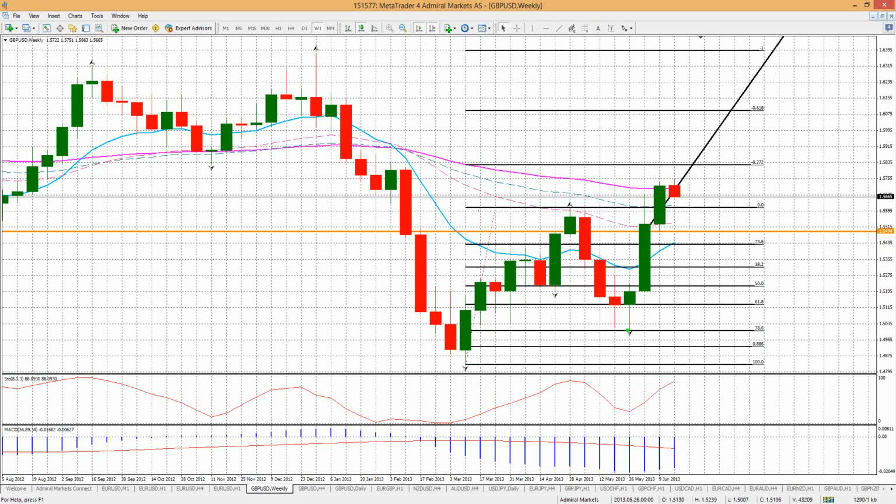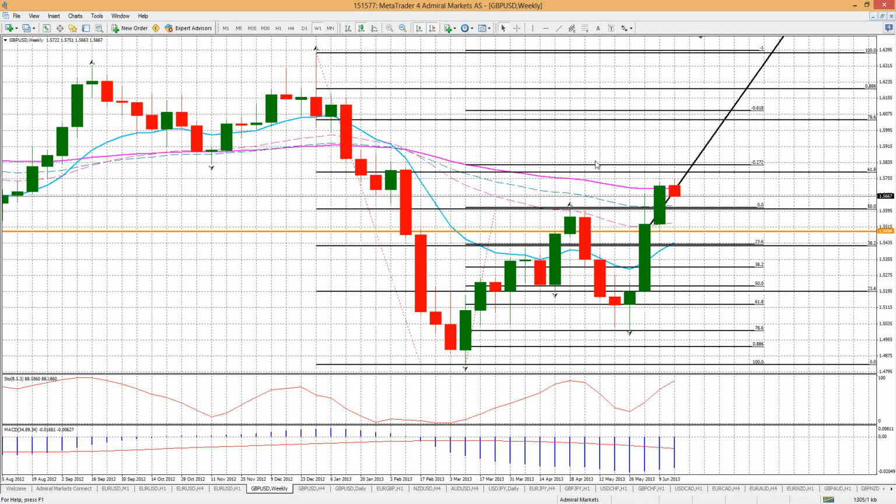So there's nothing to change as yet. Unless we break this weekly low, then things will change. Otherwise, this is just a retrace of that weekly candle for a likely break of these highs, and then we should be careful of the 618 resistance still and the target.